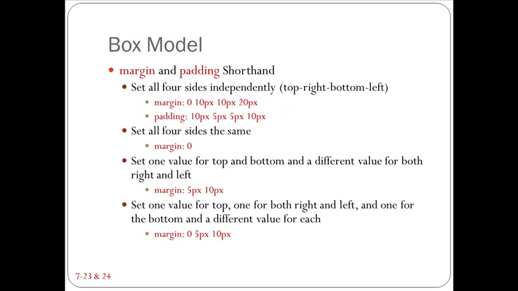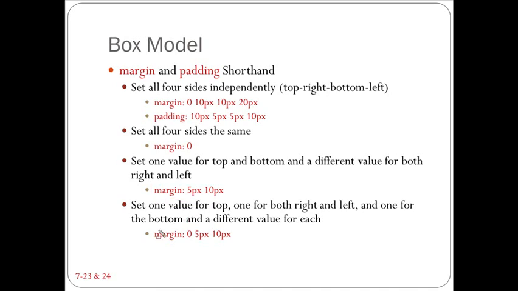You can set all four sides at one time by just giving it one value. In this case, the margin would be 0 all the way around. You can also give it two values. This applies to padding as well. The first value then applies to the top and bottom. The second value then applies to the right and left.